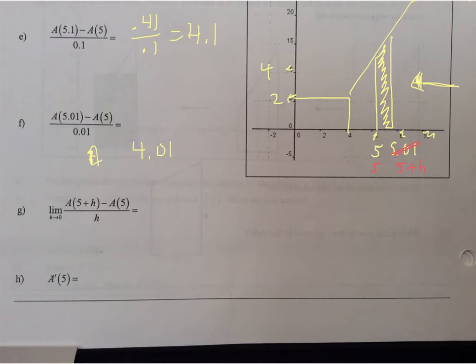So in this case, the A of 5 plus h, well, it's the value of A of 5 plus a little bit further, and so I'm going to call that little bit further C. So in our case, A of 5 is 11, and again, that little c value is going to be the value of the area under the trapezoid there.